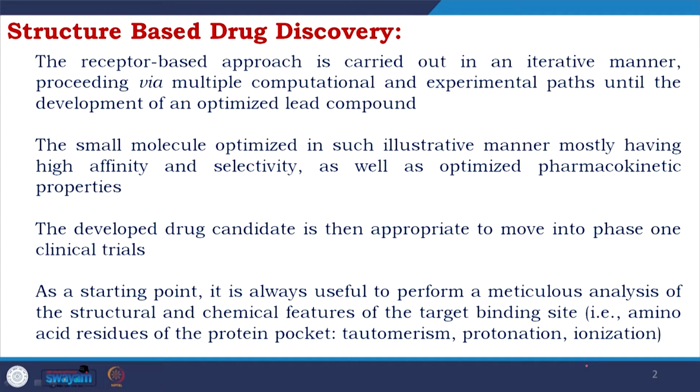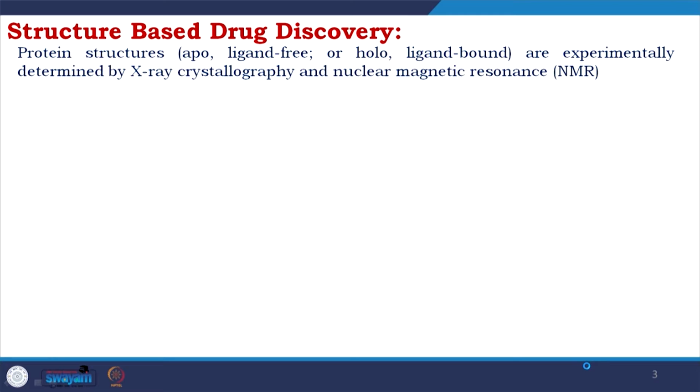As a starting point, it is always useful to perform a meticulous analysis of structural and chemical features of the target binding site, that is the amino acid residues of the protein pocket, which means the active site, looking at the tautomerism, protonation, ionization, all sort of variation which could bring possibility to modify or optimize. Protein structures, be it in the apo state, which is ligand free, or in holo state where the ligand is bound, are experimentally determined by X-ray crystallography and nuclear magnetic resonance.